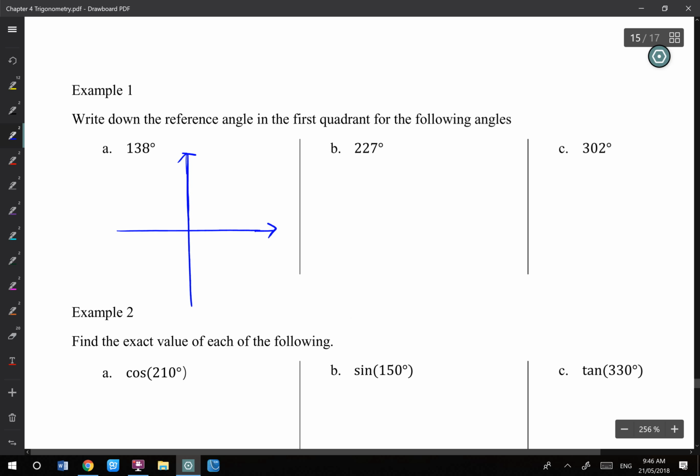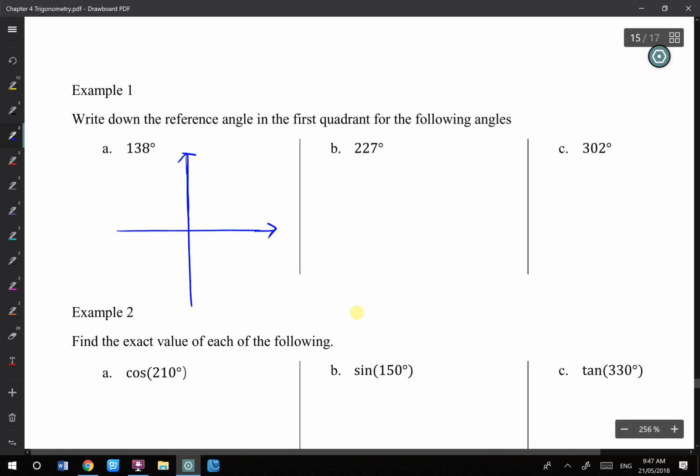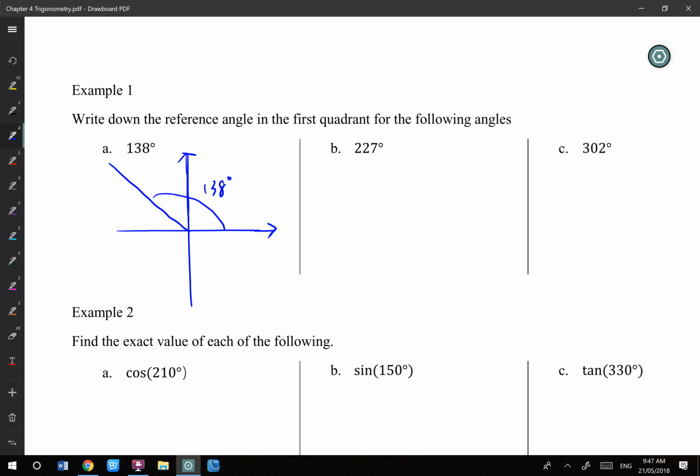Second? Yeah, second. Okay, so which is here. We have, well, I don't know the exact size, but it's about 138 in the second quadrant.